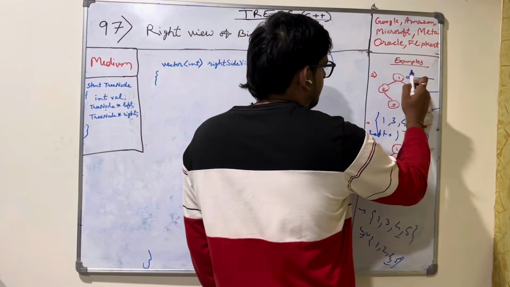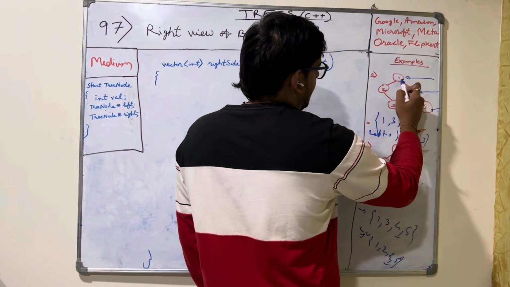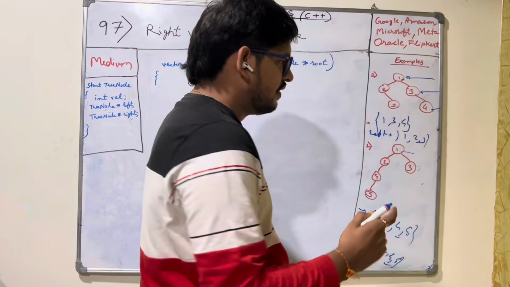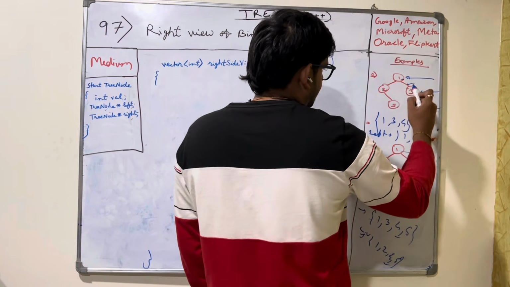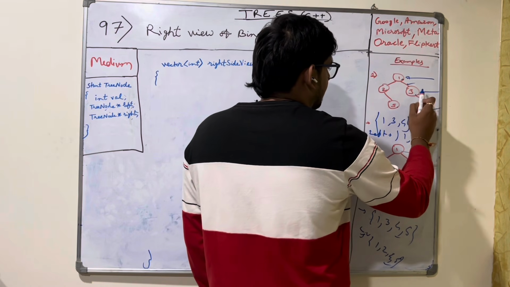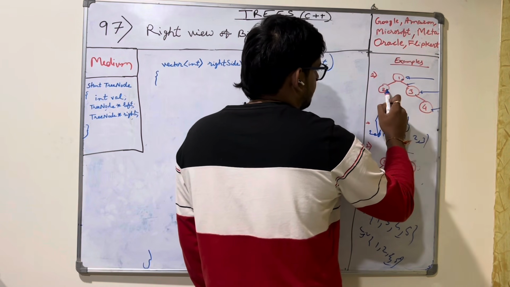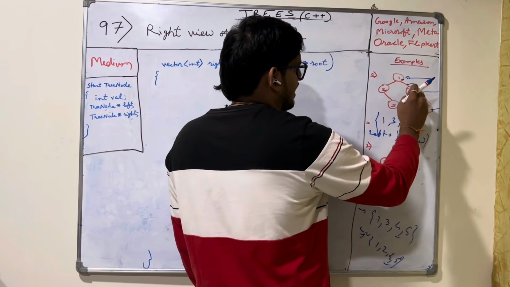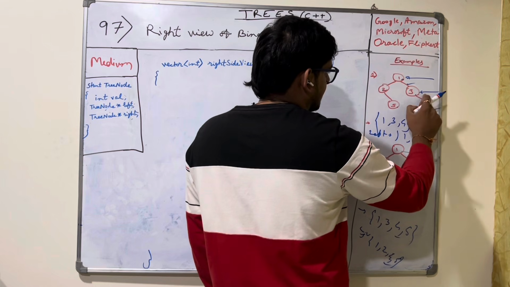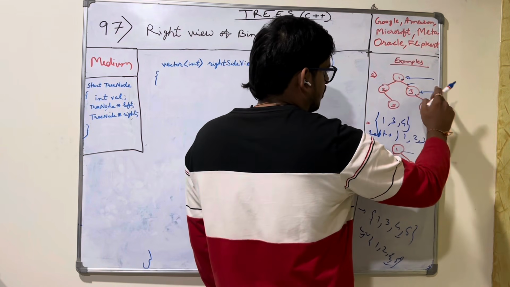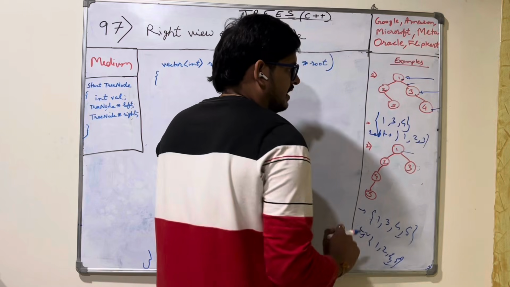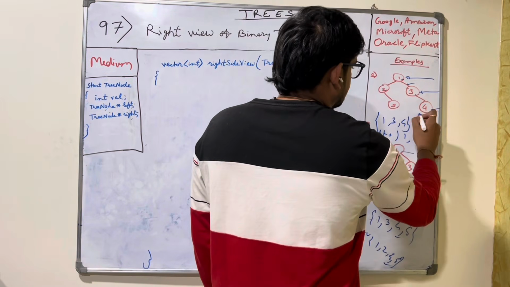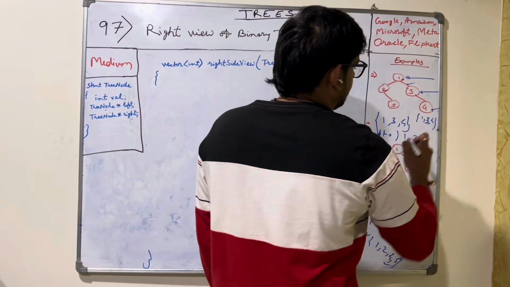We go here, we traverse this, we get it into our vector, and since the right part is there, we will go to the right and traverse. Otherwise we would have gone to the left, because if the right child was not there, we would have gone to the left, but here since the right child is there, we'll go to the right and traverse. And when you see null, you exit. So in that way, you could find this 1, 3, 4.